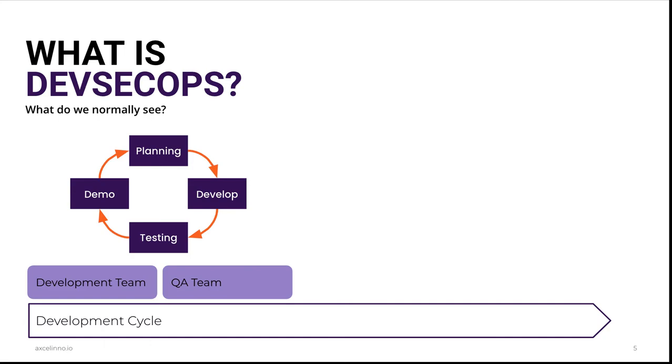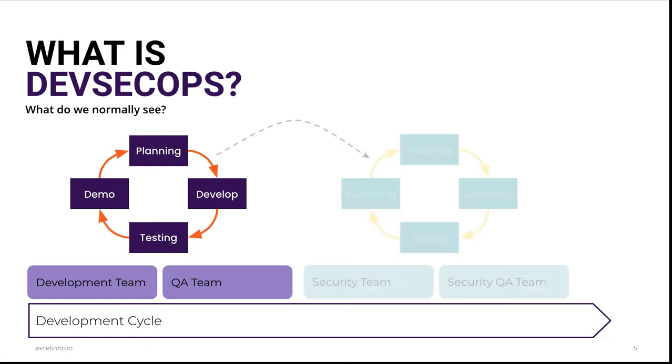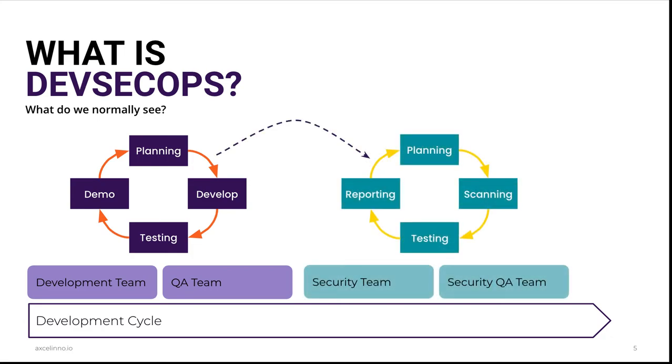And when security gets involved, it really gets tacked on to the end. Now security has to do planning, scanning, testing, and reporting, but that's usually done by a separate security team and sometimes a separate QA team. They're not looking at specific features and testing for functionality, but rather specifically at security, and it could be from different viewpoints.